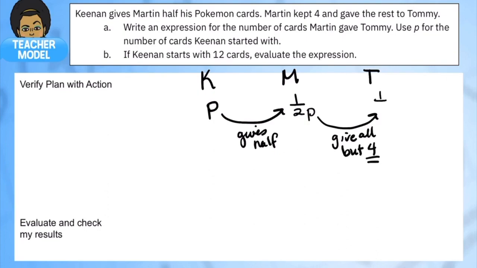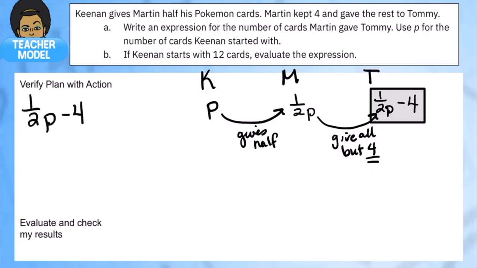So in other words, here's whatever Martin has, -4. That's what Tommy's going to get. So that is going to be our expression. And I'm going to put it here on the side. 1/2 P -4.